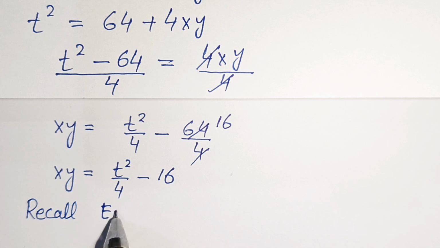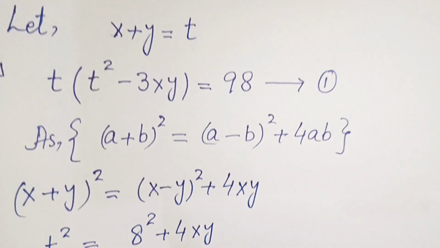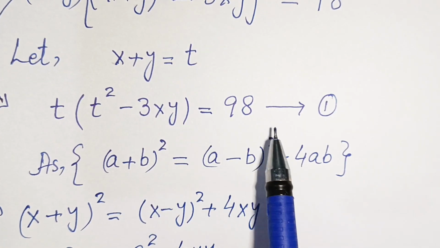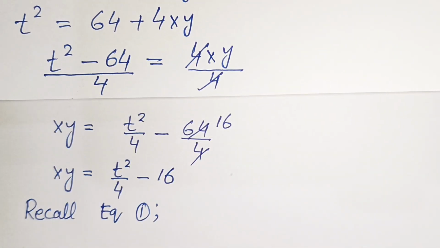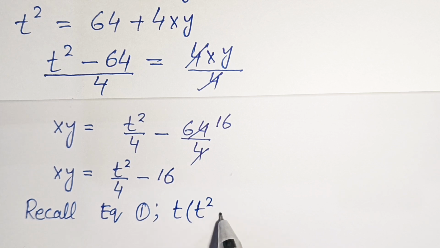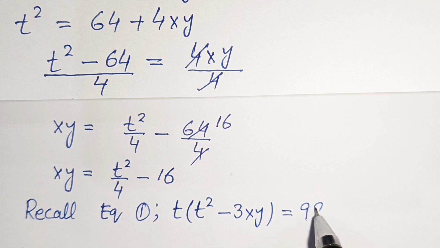Our equation number 1, so our equation 1 is, here we have t times t squared minus 3xy is equal to 98. It is our equation number 1. So here we just write that t times t squared minus 3xy is equal to 98.